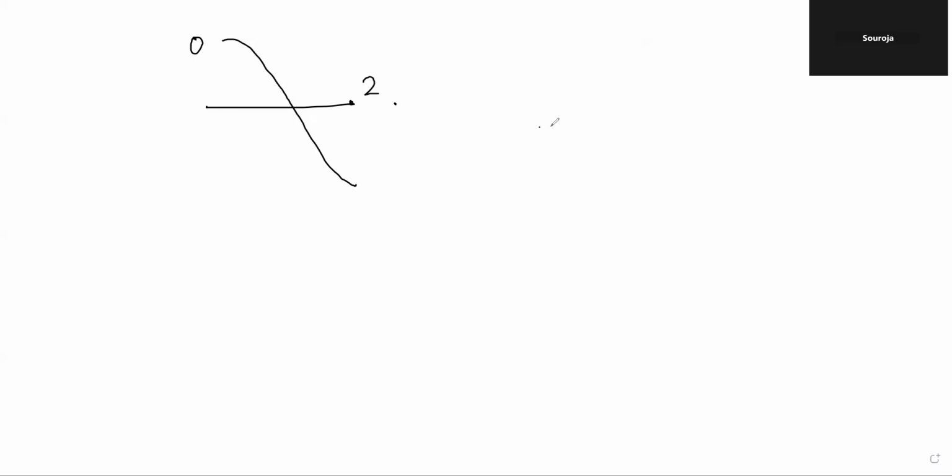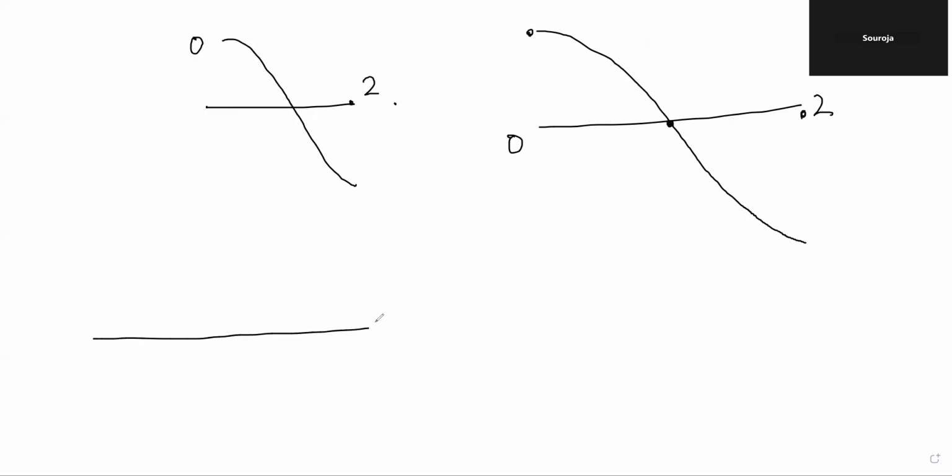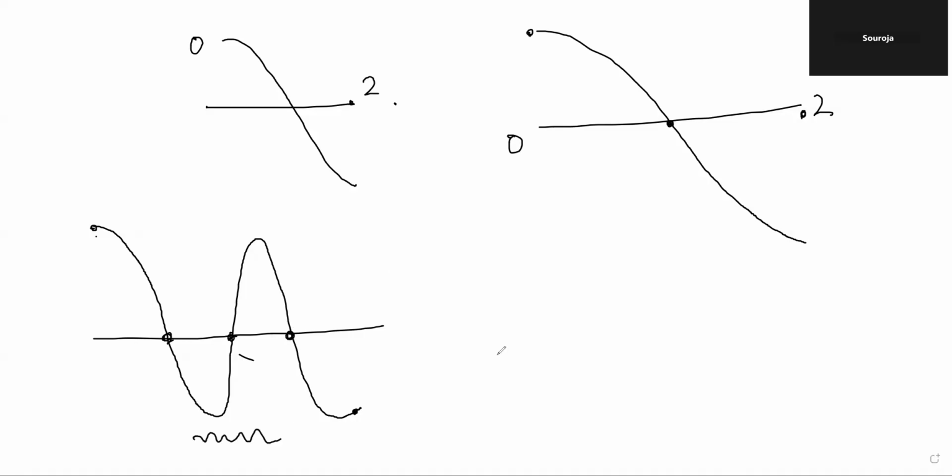If the graph of the function was always decreasing from 0 to 2, it can cut the x-axis only once. But if the graph was more complicated, like decreasing, increasing, decreasing, then there are three roots. So the only point where you need calculus is to figure out whether the graph is decreasing or decreasing and increasing or more complicated behavior.